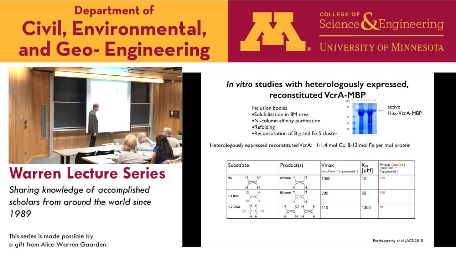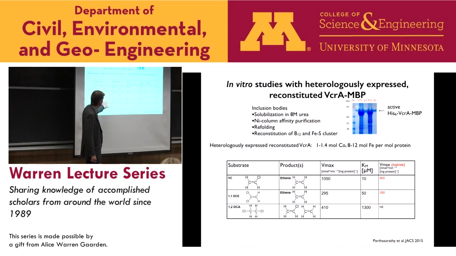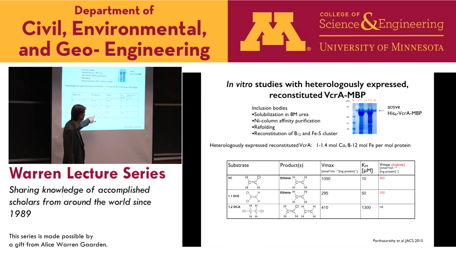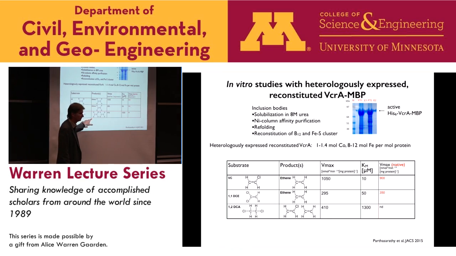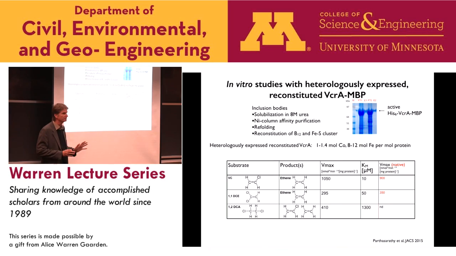Whether this is a single step of a dihalo elimination to form vinyl chloride, or if there's a step with elimination of only one chloride, we don't know. Environmentally, I don't think this enzyme plays an important role, but it shows that in principle enzymes can have both single and dihalo elimination activity.